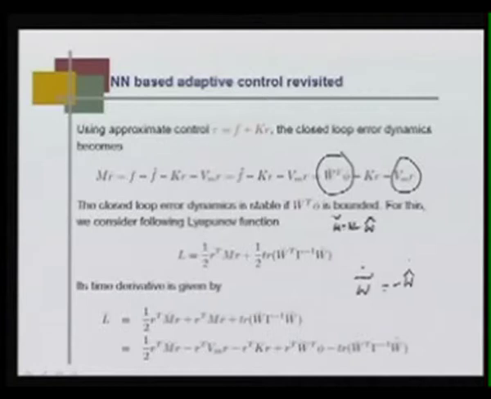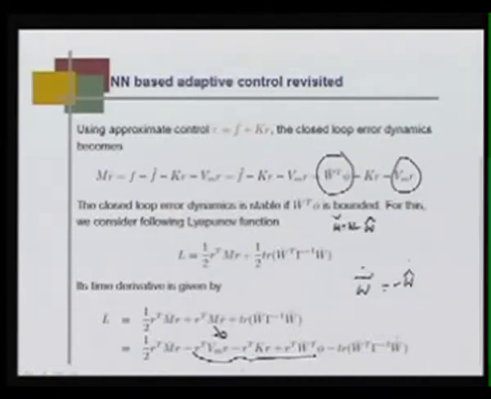Going back here, if you replace r dot, which is M inverse of this quantity, in r transpose M r dot, I finally get minus r transpose Vmr minus r transpose kr minus r transpose W tilde transpose phi.